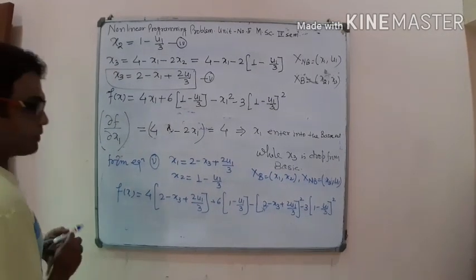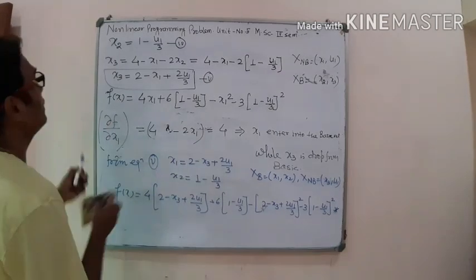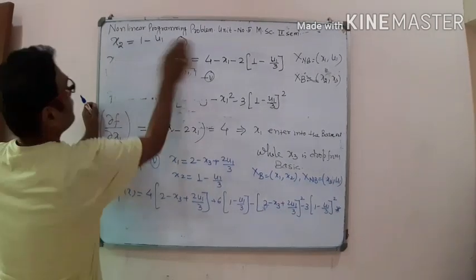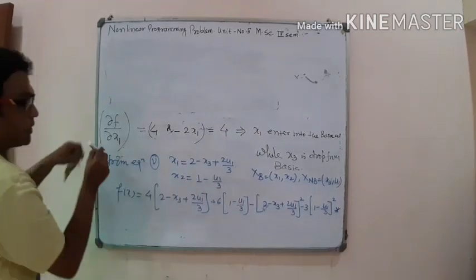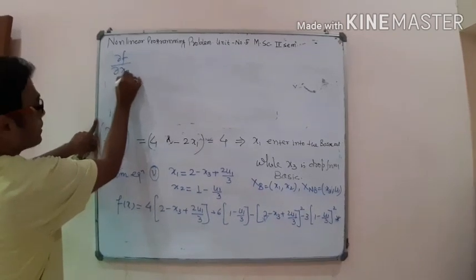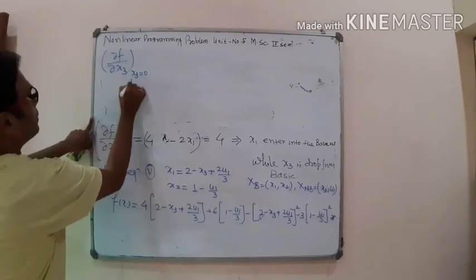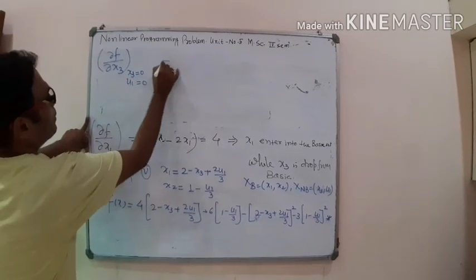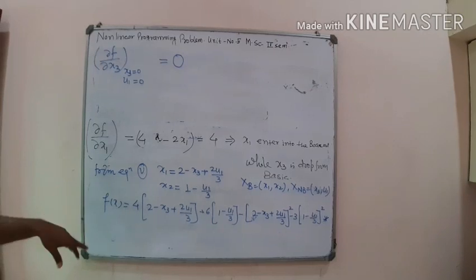Now we partially differentiate this equation. Del f by del x3, and computing at x1 equal to x3 equal to 0 and u1 equal to 0, after calculation it becomes 0. You have to calculate that.